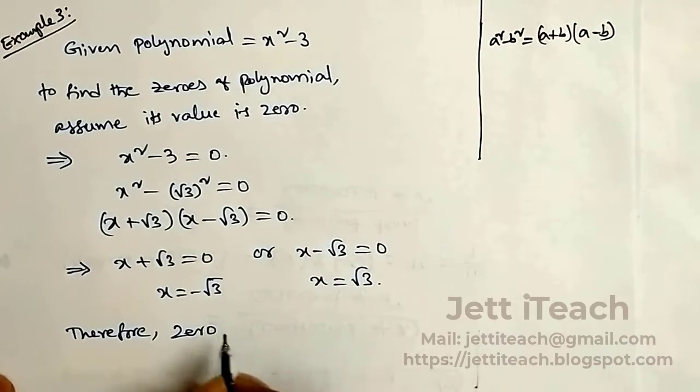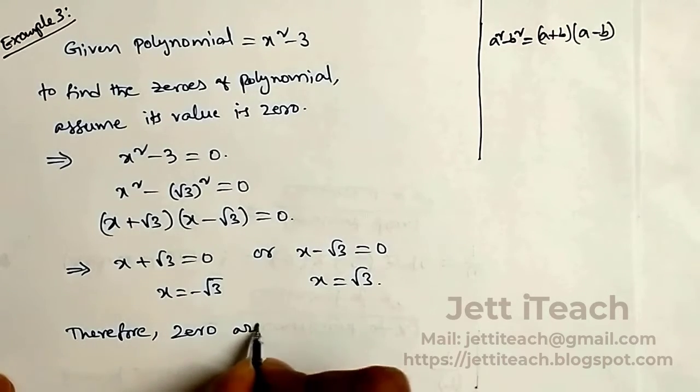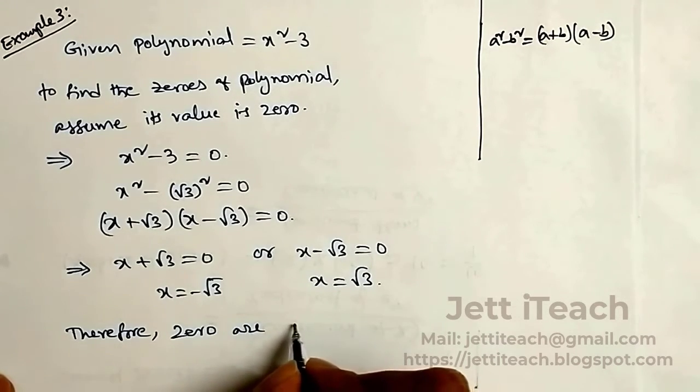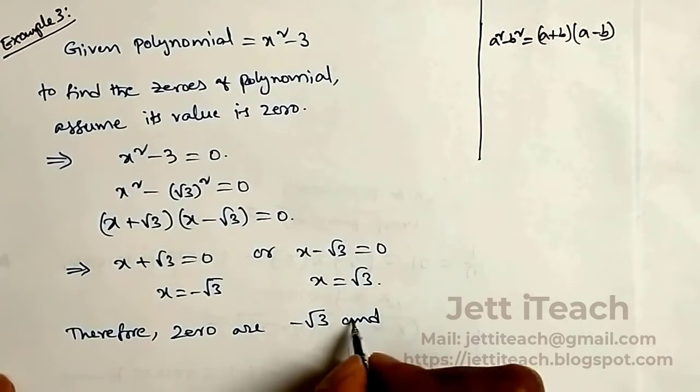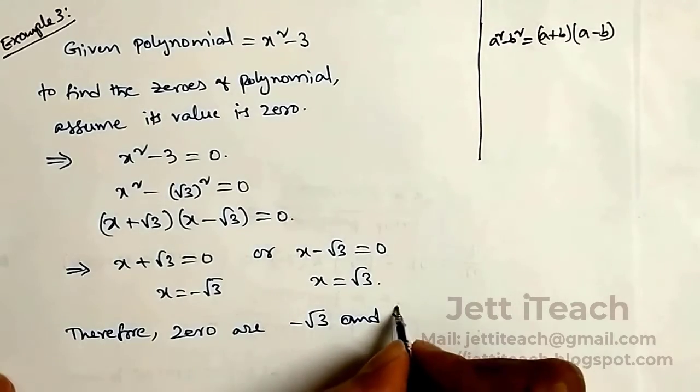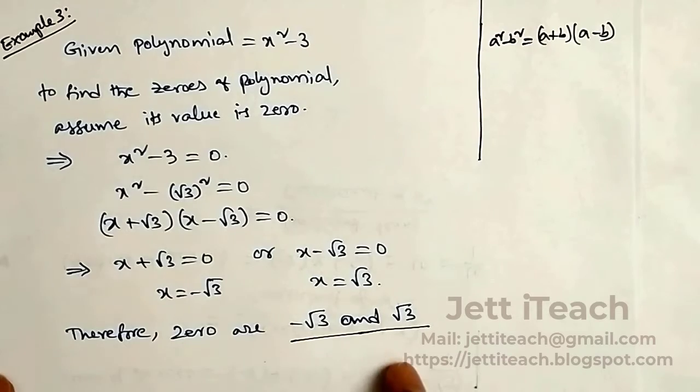Therefore zeros are minus root 3 and root 3.